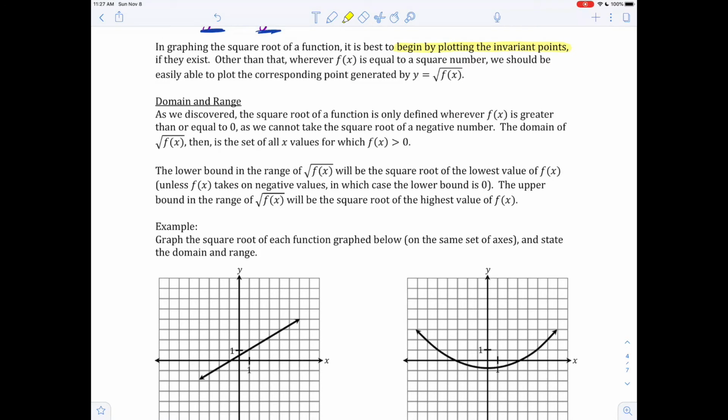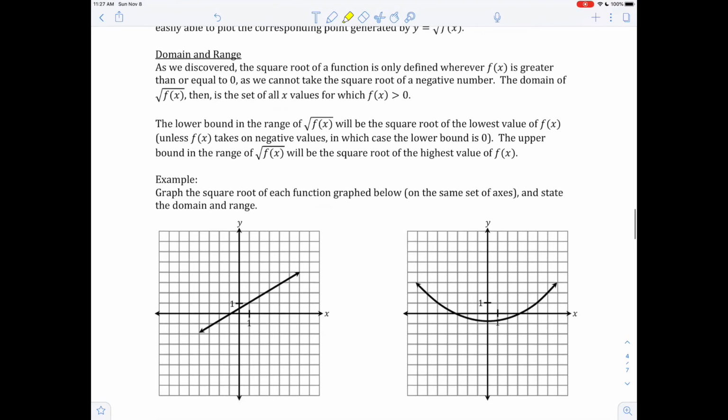Range-wise, it's interesting. The lowest value of f of x, the square root of that, will be your lower bound on your range, unless f of x takes on negative values. So I guess the square root of the lowest non-negative value is your lower bound for the range.